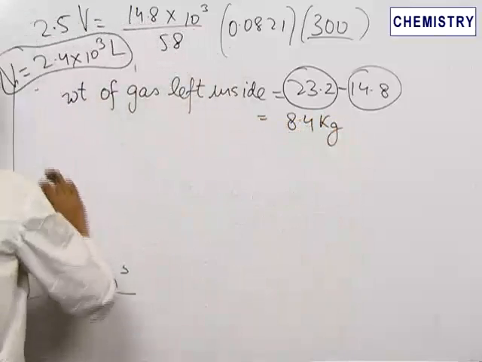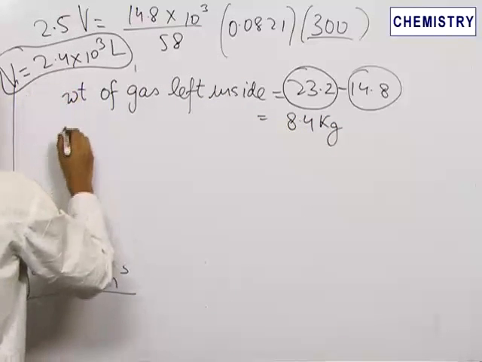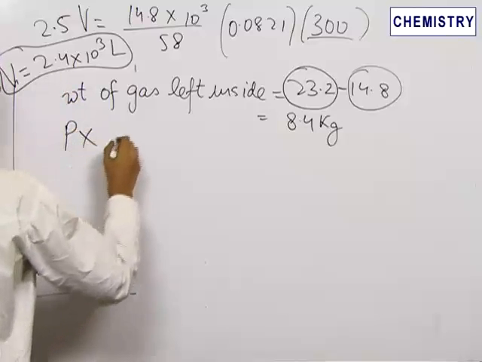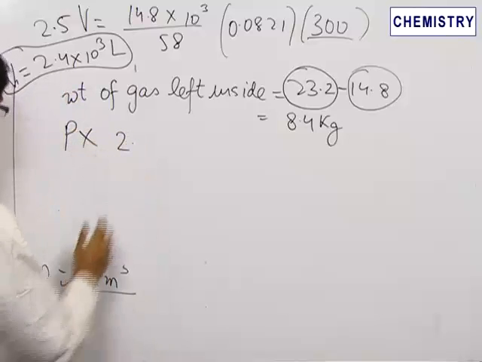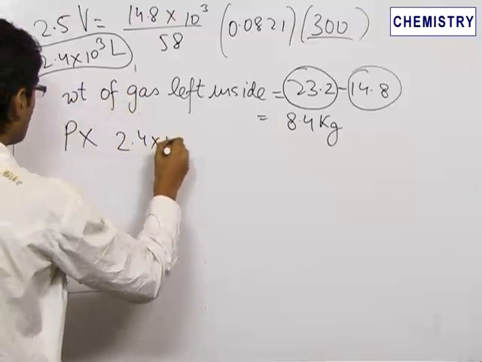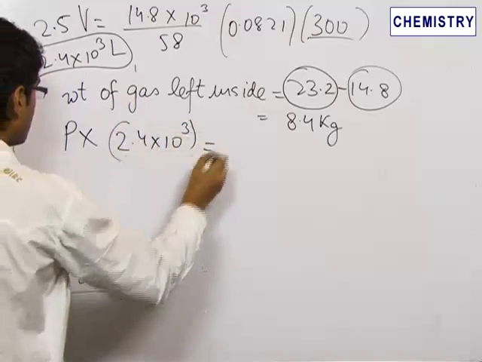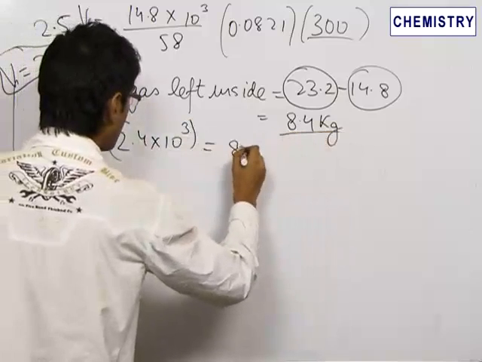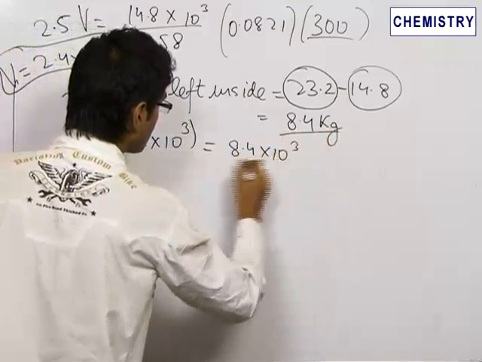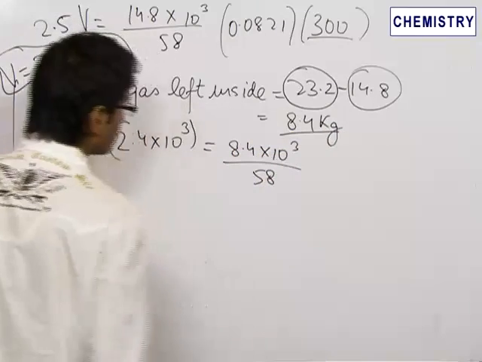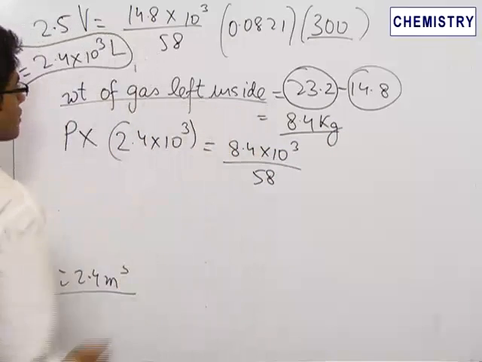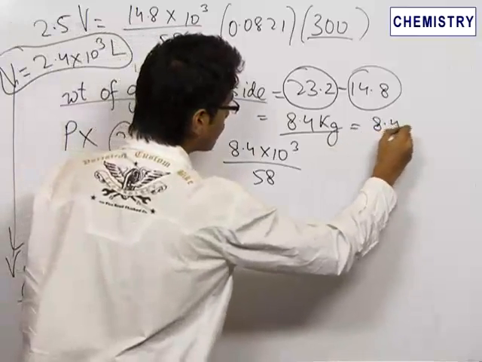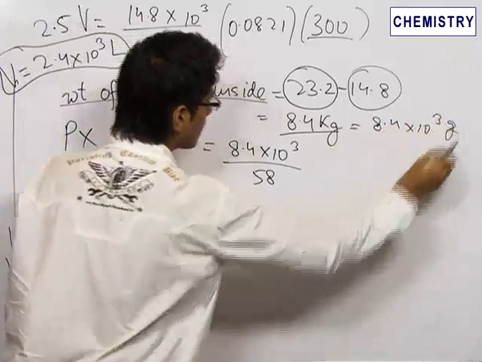Now since volume of cylinder remains constant, we have the final pressure of the gas inside into the volume, which we got as 2.4 into 10 power 3, is equal to the number of moles, which is 8.4 into 10 power 3 grams upon 58. This is the weight of gas left inside the cylinder after usage, 8.4 kilograms.